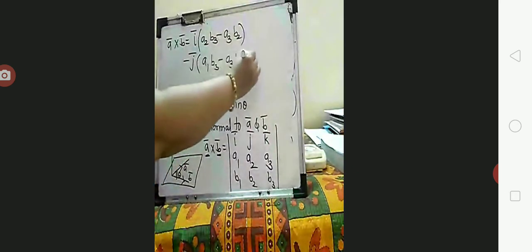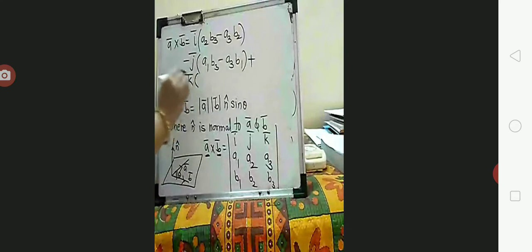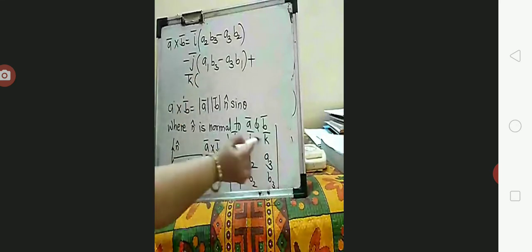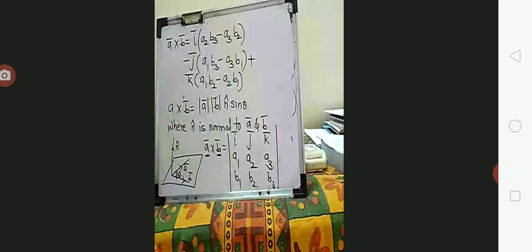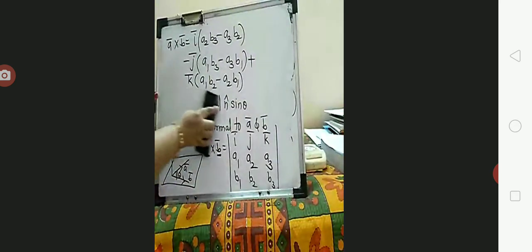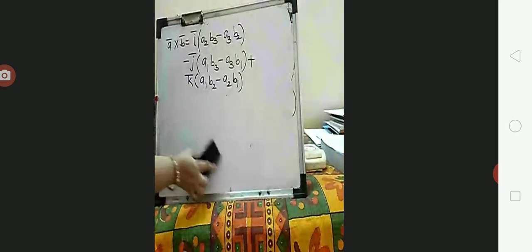And third, plus K bar times, delete this column and row, so A1 B2 minus A2 B1. This way you can calculate the cross product of two vectors.